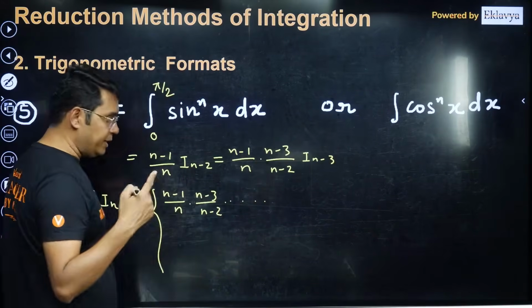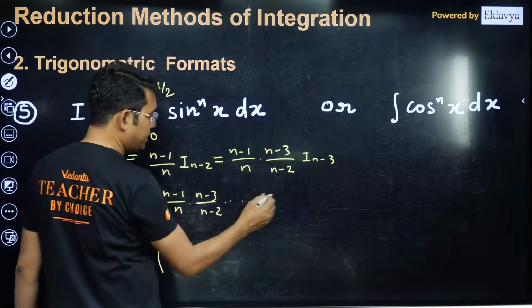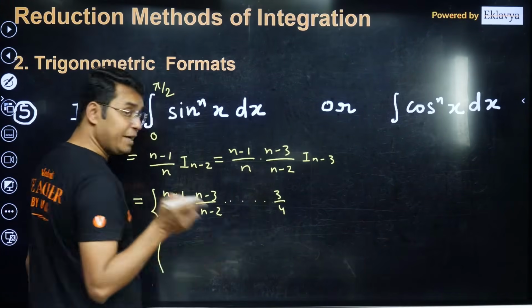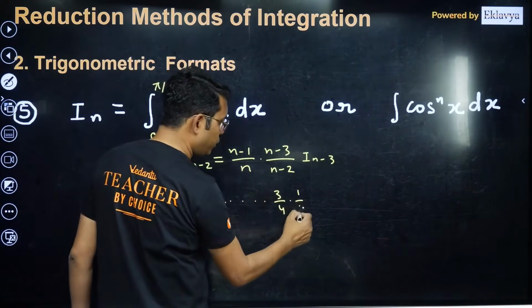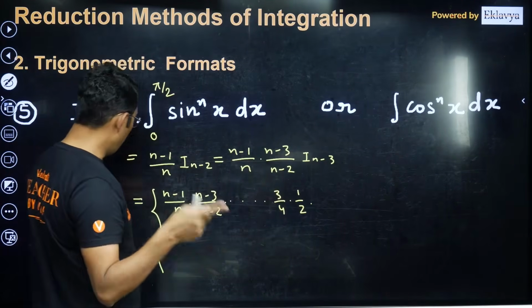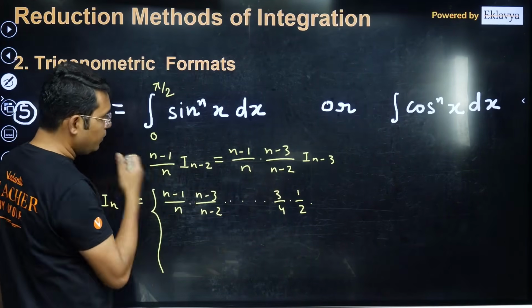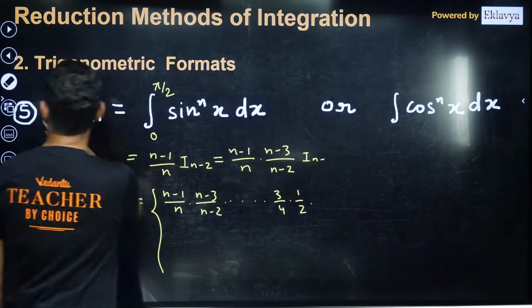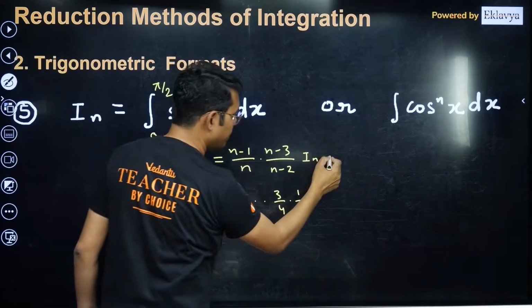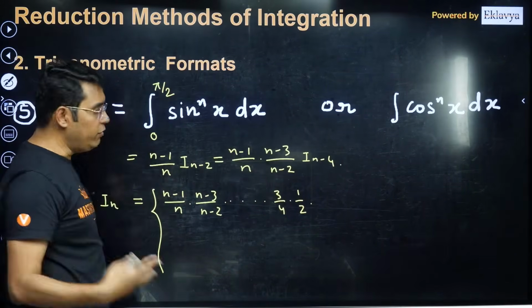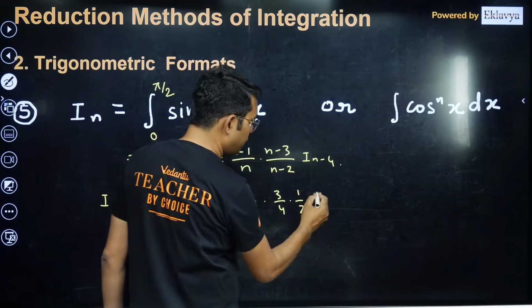If n is even, in the numerator your second last term will be 3 upon 4, and then 1 upon 2, and then it has to be I naught. I have made a mistake here also; this would be i(n minus 4) because we are reducing it by 2 every time. So here it will be I naught.